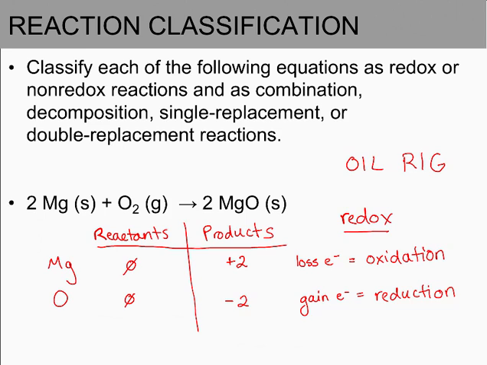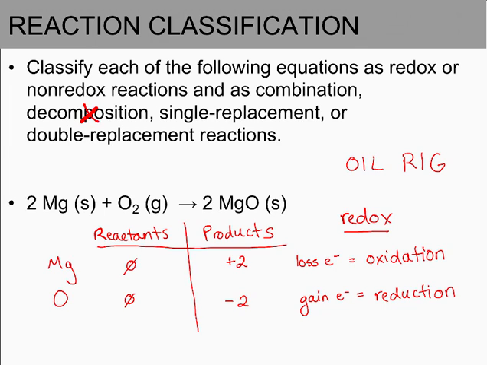Okay, so now we need to further classify this reaction as combination, decomposition, single replacement, or double replacement. So right off the bat, we can probably eliminate decomposition because we have two reactants, and a decomposition reaction would only have one reactant.